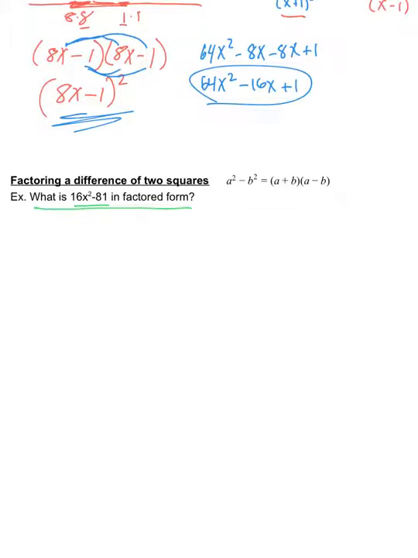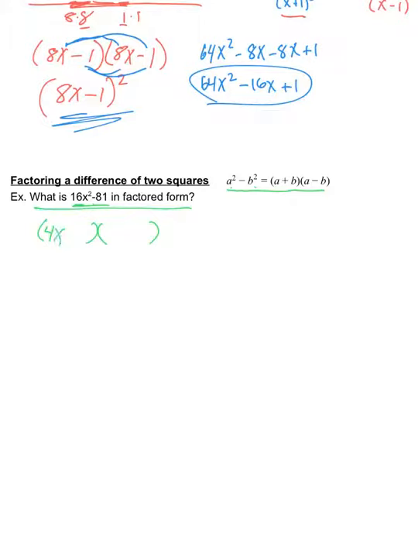And what you'll notice is that in this formula we have a squared minus b squared. So that is a difference of squares, the square of a minus the square of b. And here, 16x squared is a squared, and minus 81, which is also a square. So we can split that up very simply.